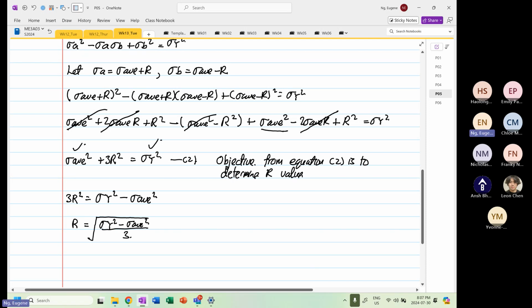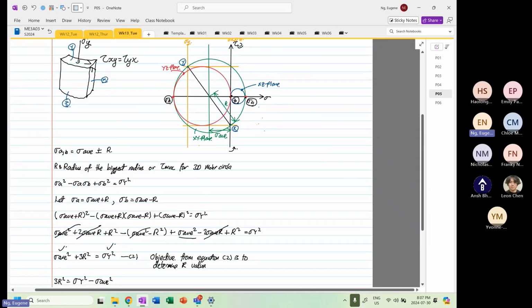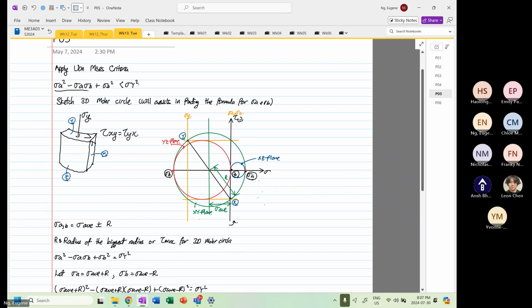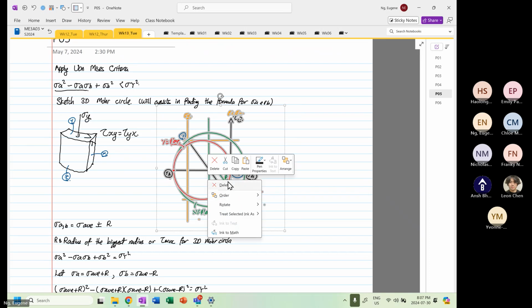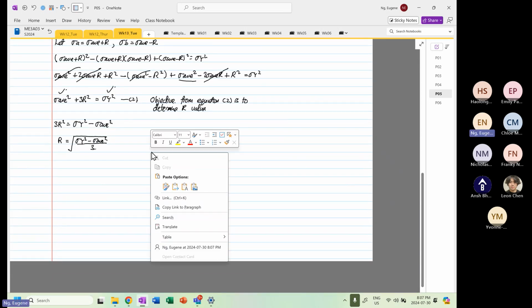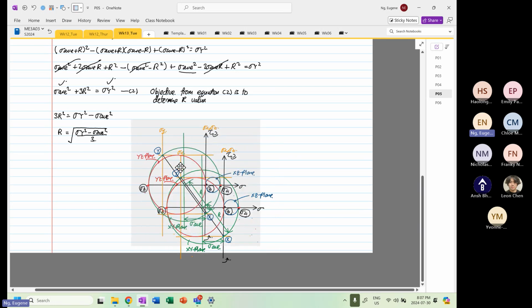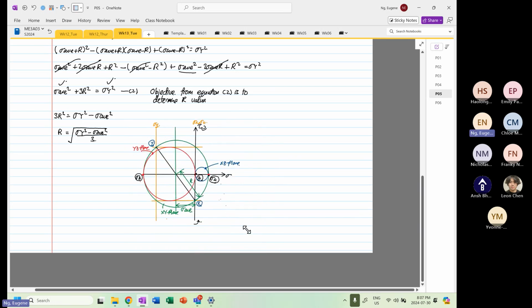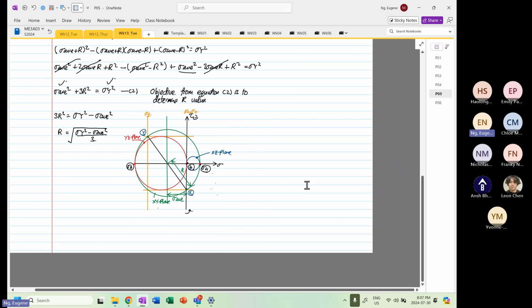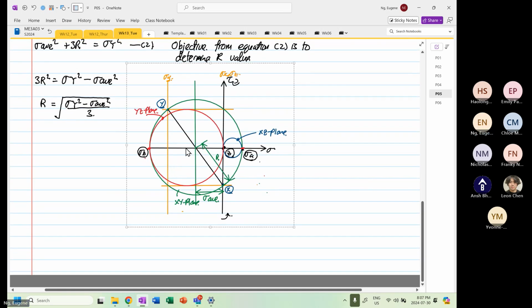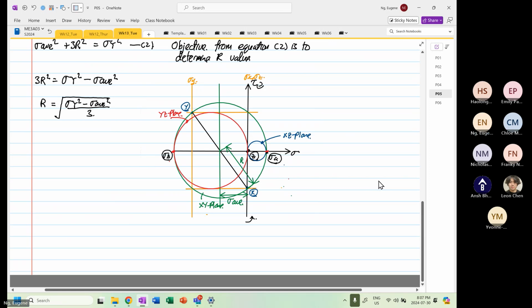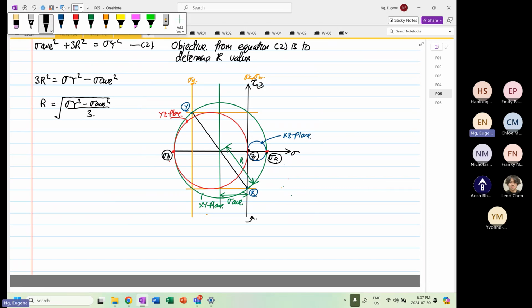Some of you might say, Eugene, why are we looking for R? How can finding the radius help us to solve our torque? So I'll copy this image. How will R help us solve our torque? That's the question. At the end of the day, what we want to determine is this.